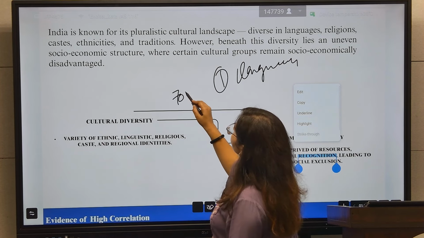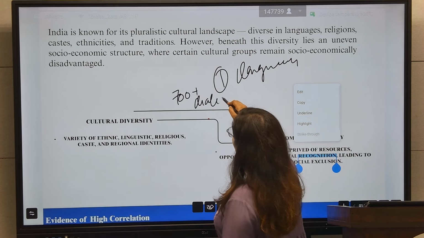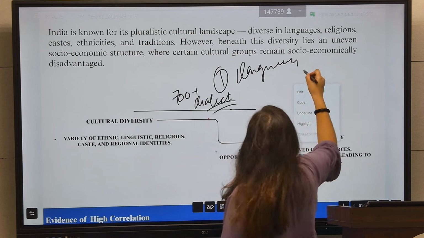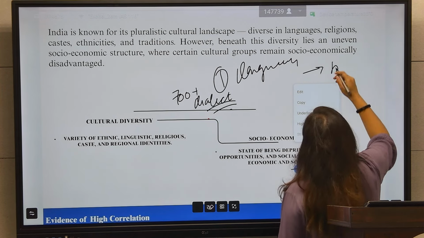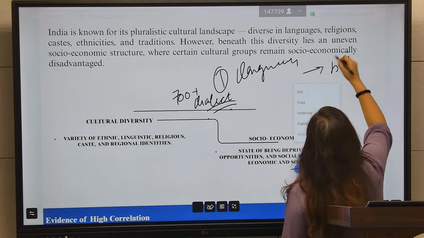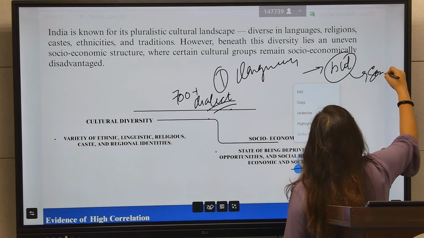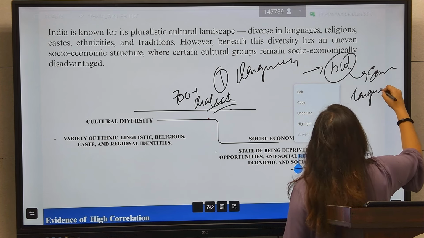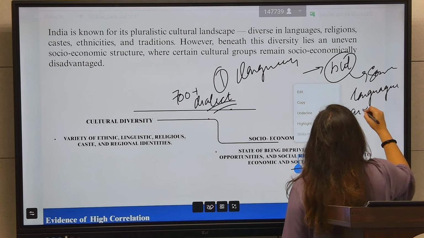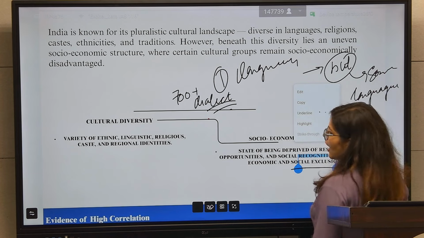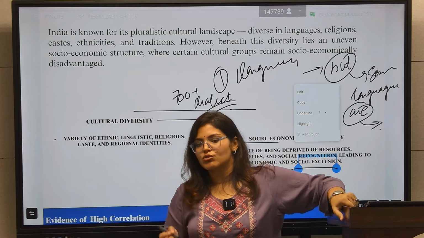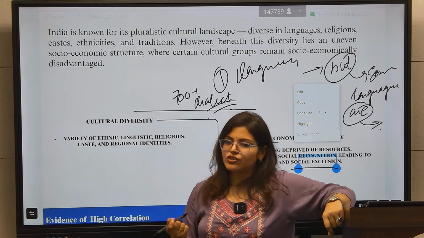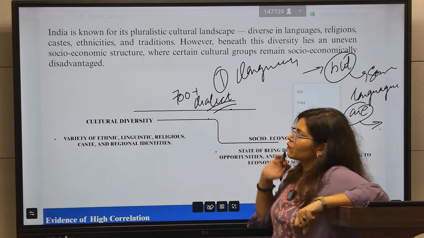There are 700 plus dialects. But some languages are not well represented in India. So there exists a social marginalization due to this language.